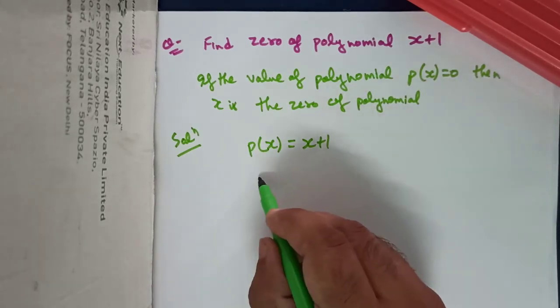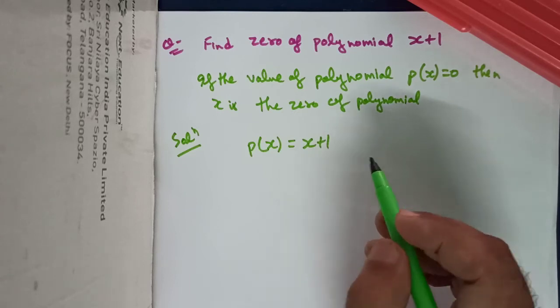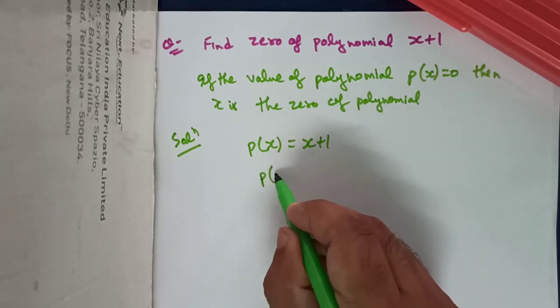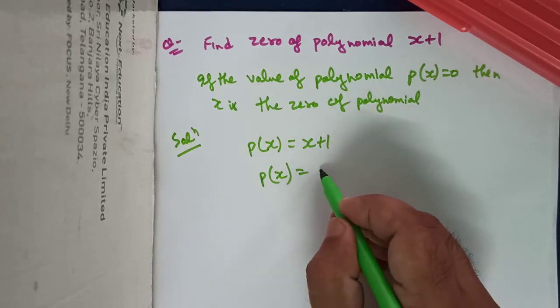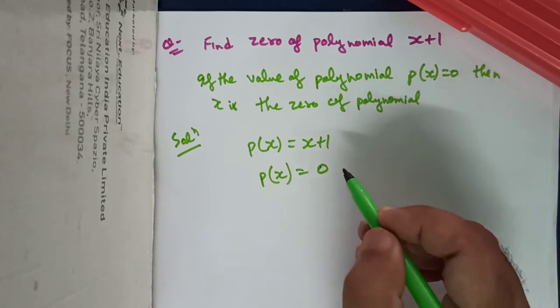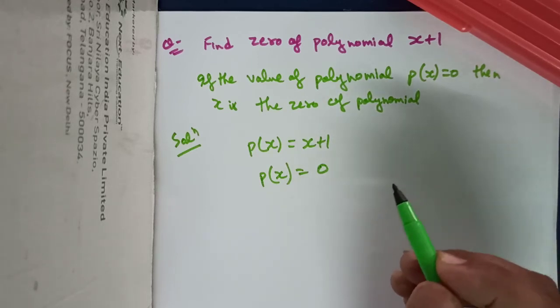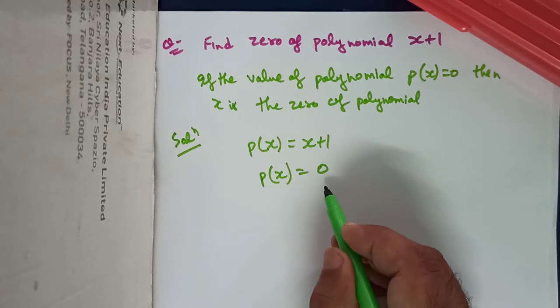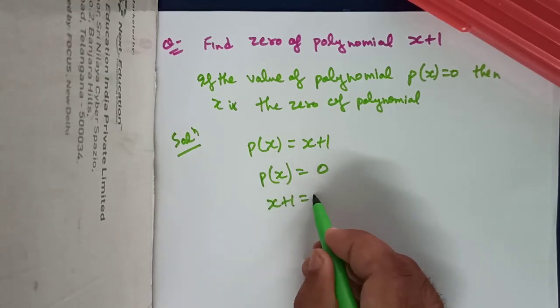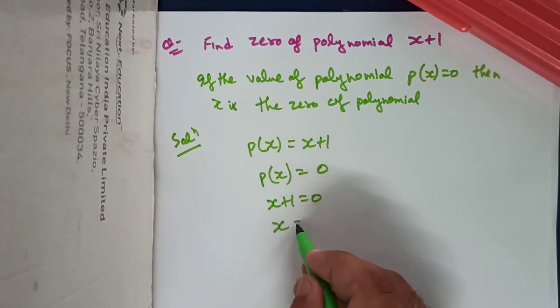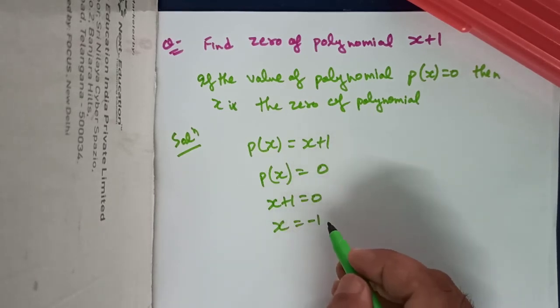Now since we have to find the zero of the polynomial, we say that the value of the polynomial should be equal to 0. We will equate the value of the polynomial to 0. On equating, x plus 1 becomes equal to 0. So x will be equal to minus 1.